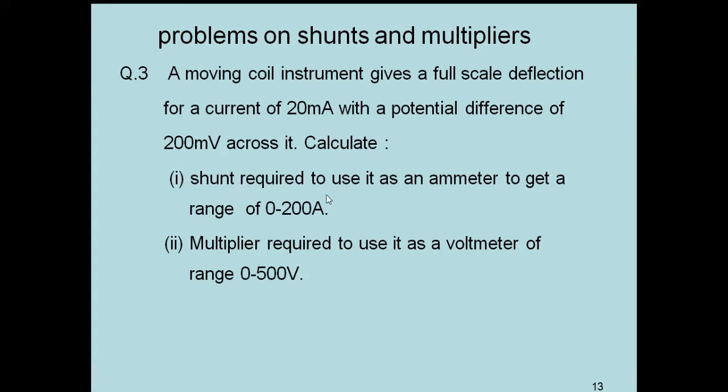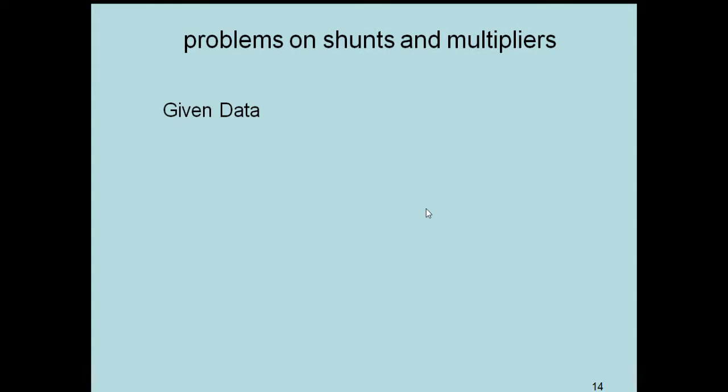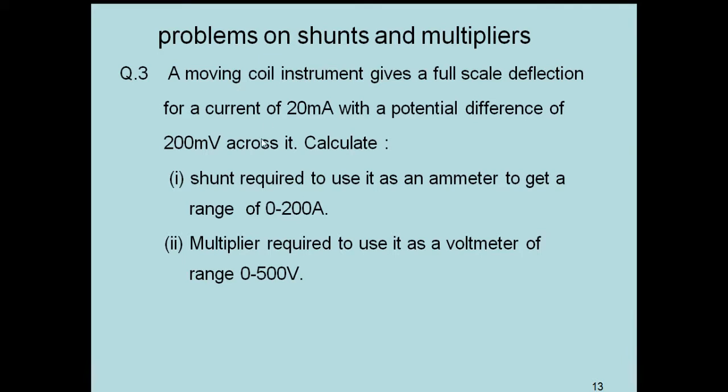RSH will be equal to Rm by (n minus 1). In the second case, they are using the same meter as a voltmeter and they are measuring a voltage of 500 volts.